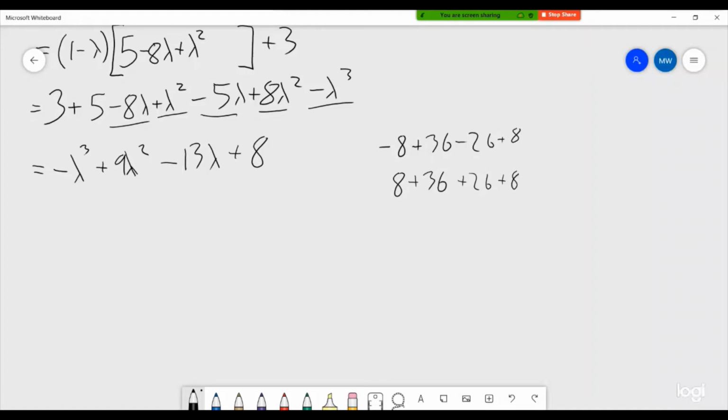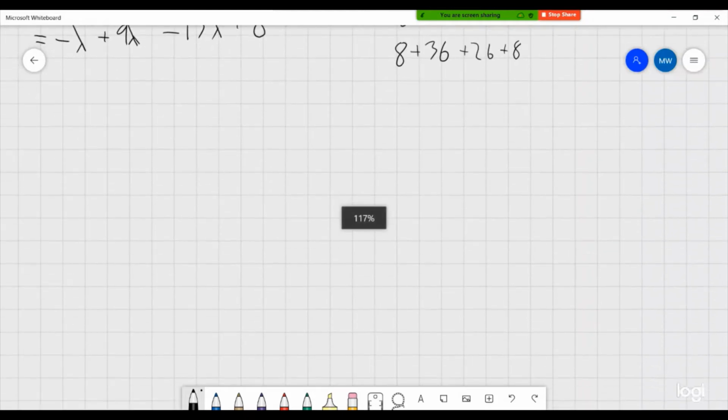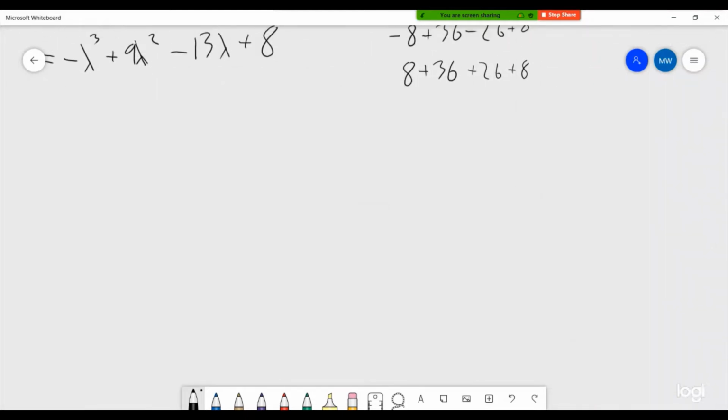Does that factor nicely? I am starting to be skeptical of that. Alright, that one does not factor nicely. So we do not want to do this one, and hopefully they wouldn't give you something like that on the test. But there are no easy factors, so let's do one that's definitely going to have easy factors.